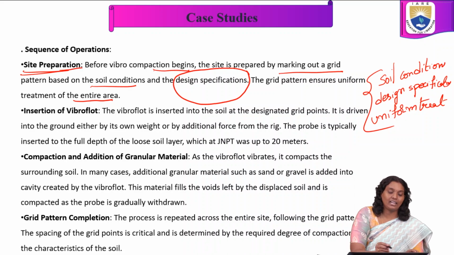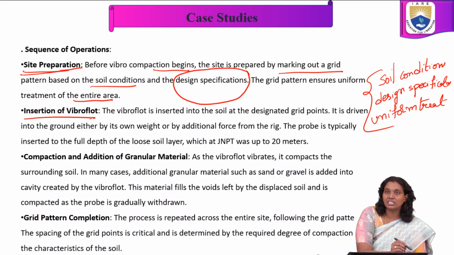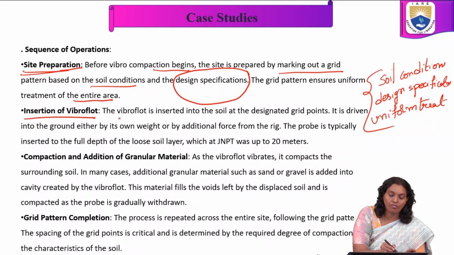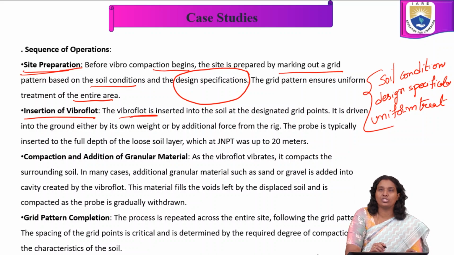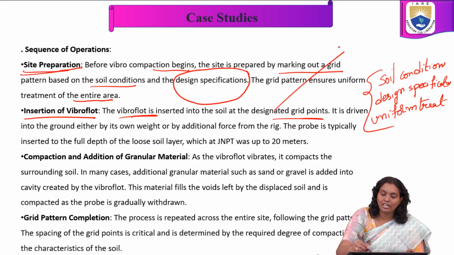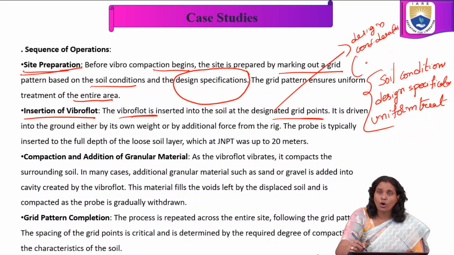In the next, second step of the process, the vibro float is inserted into the soil at the designated grid points. The designated grid points depend on the design considerations and design specifications, and the spacing also depends upon the soil conditions.